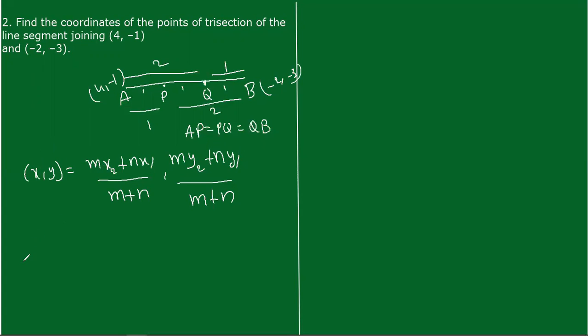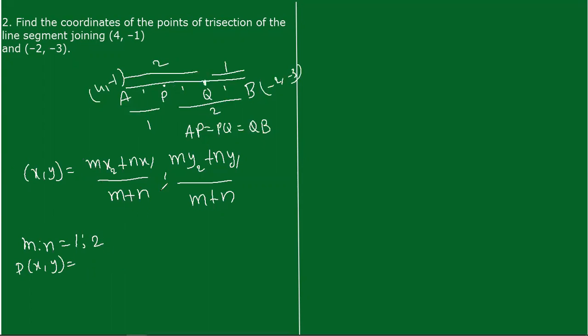For the P point, what is the ratio, m is to n? For P, it is 1:2, right? 1:2. Now let's apply the formula.